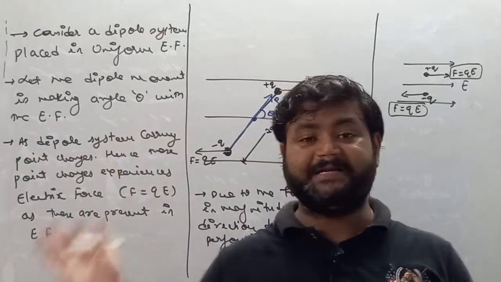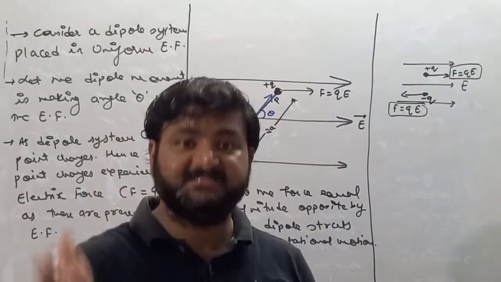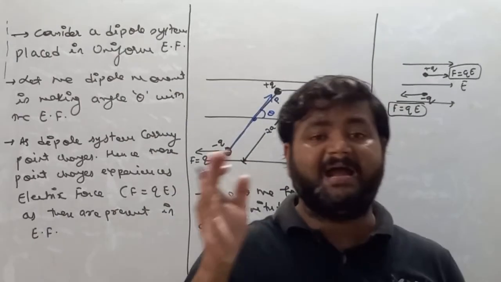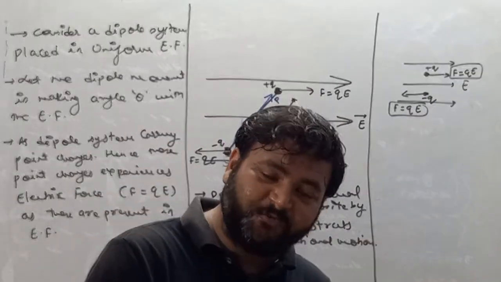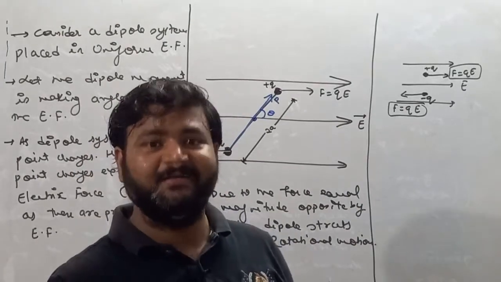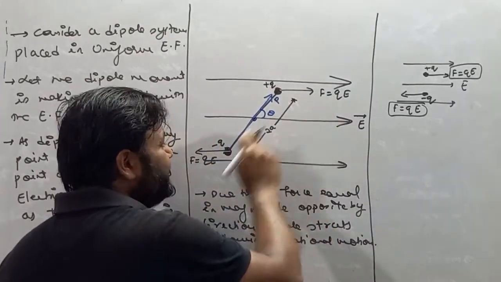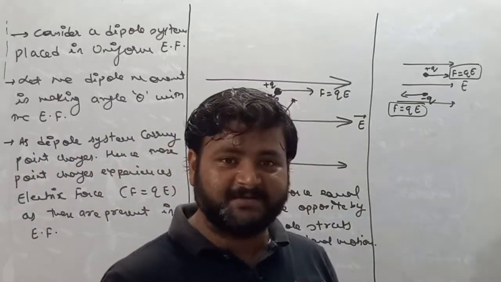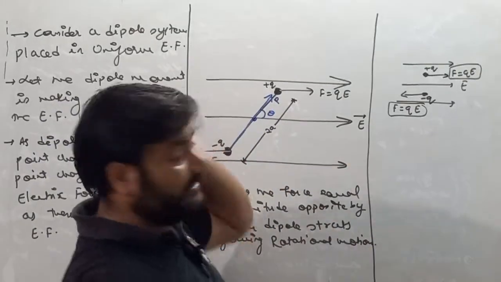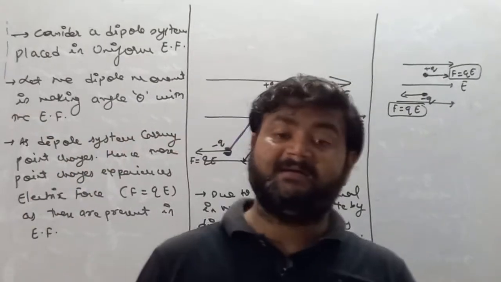I already told you that those forces which act on a body, and if the body starts performing rotational motion, for that force we define its torque. So here also these forces will be capable of rotating this dipole system.